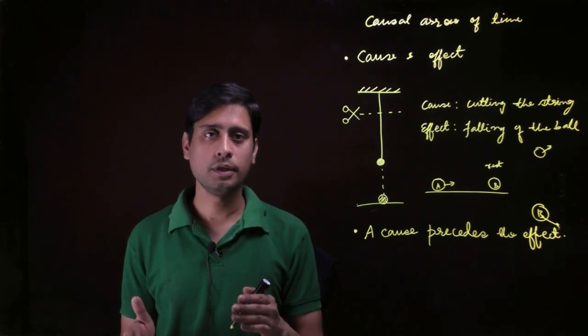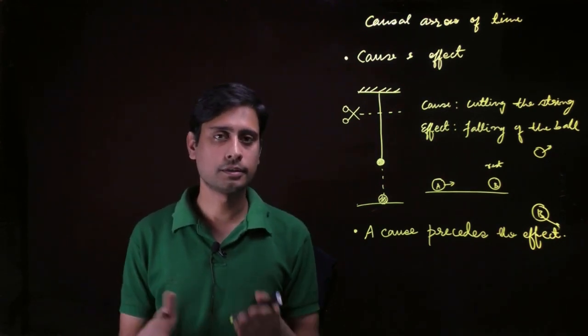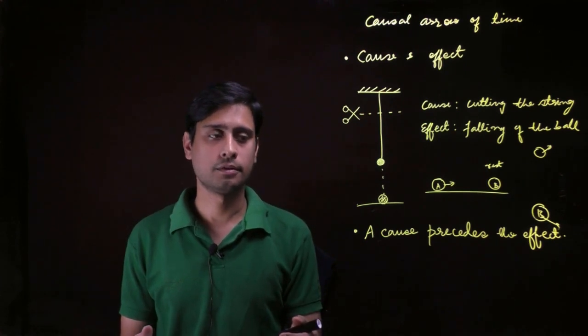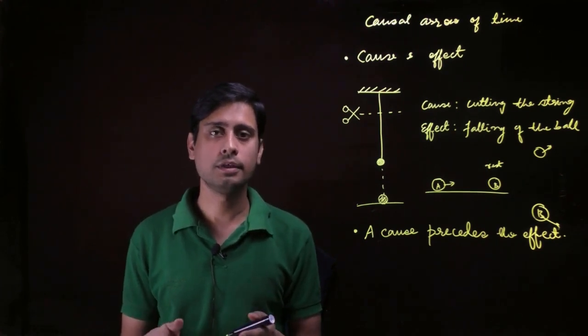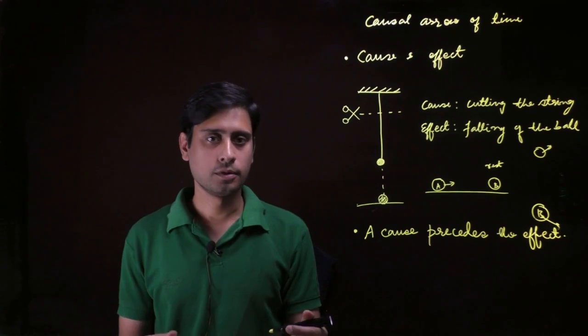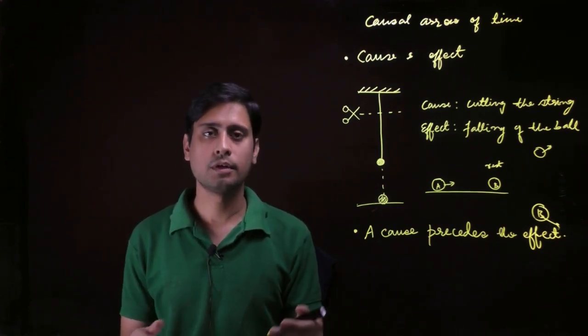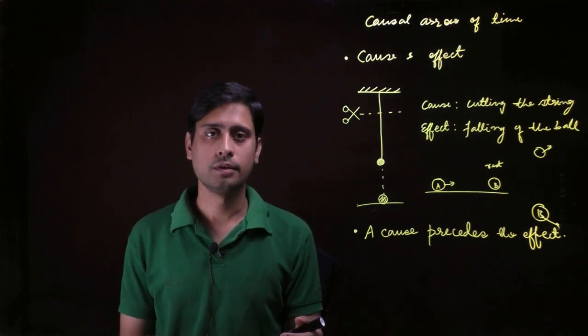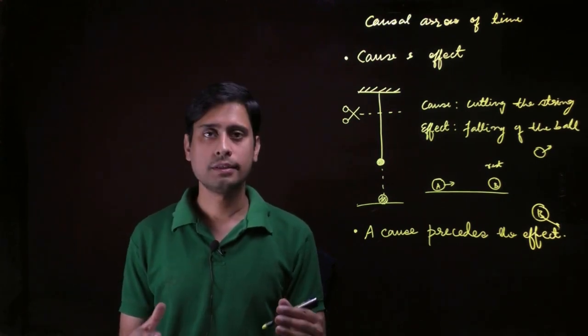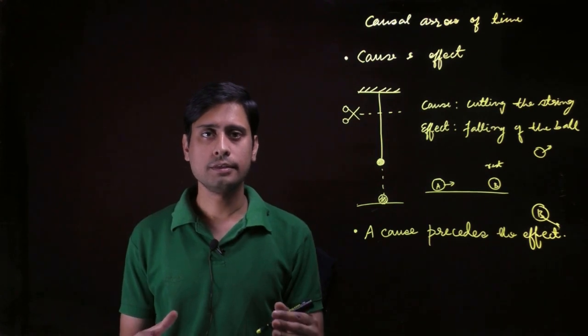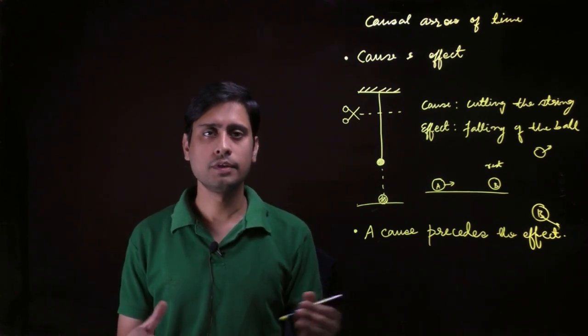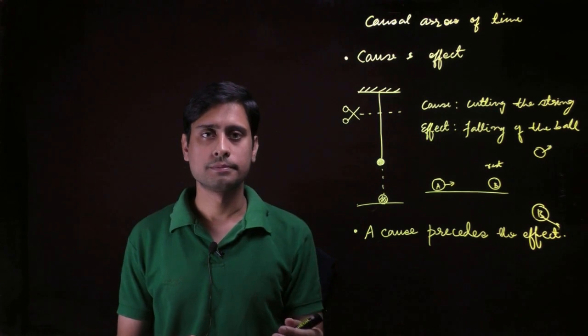So there must be the directionality in this, that is, cause is preceding its effect. So the causal arrow is always present in every phenomenon which we are observing in our life. So we can say that causality is intimately bound with the arrow of time.